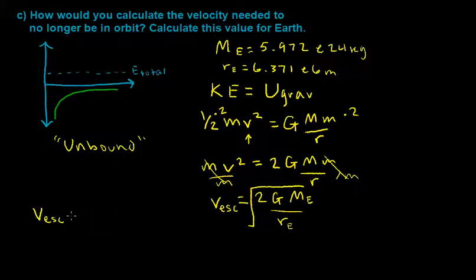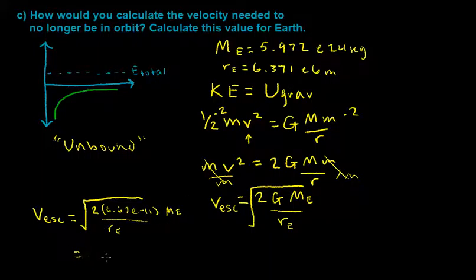Our escape velocity for Earth is equal to the square root of 2 times 6.67 times 10 to the negative 11th times the mass of Earth, which we can just put in our calculator separately, and then divided by the radius of Earth, because those are long numbers and we want to save time.